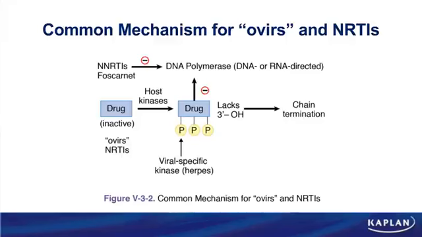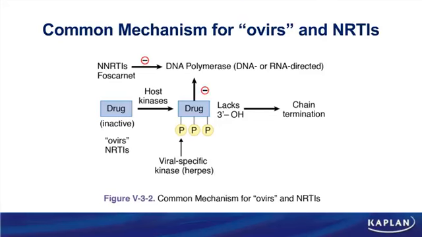This figure does a very nice job of illustrating the mechanism of action for OVIRs. Also shows us how our NRTIs work. Remember, NRTIs are nucleoside reverse transcriptase inhibitors, drugs used for HIV. We're also going to look at the mechanism for NNRTIs and another antiviral drug called Foscarnet.